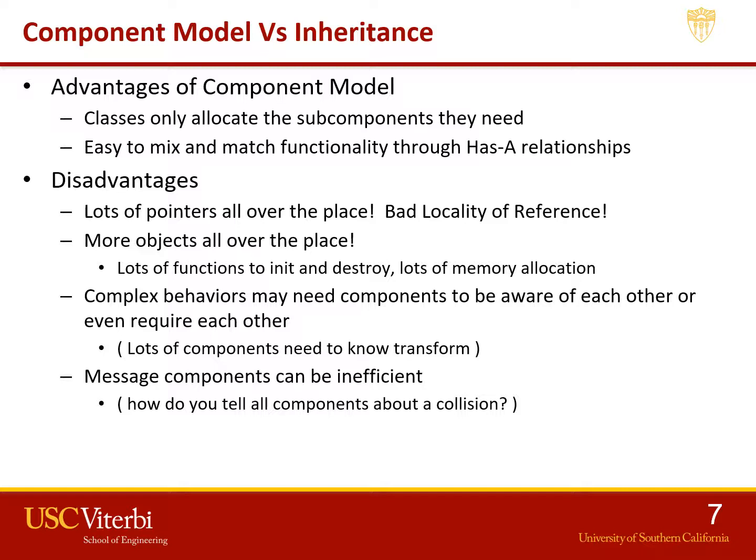Okay, disadvantages. Let's talk about disadvantages of the component model. I just showed those pointers, right? If we're going to allow those things to be pointers, that means they're going to point to different places in memory, and we learned how that's going to jumble up our memory usage, and it could thrash the cache, right?